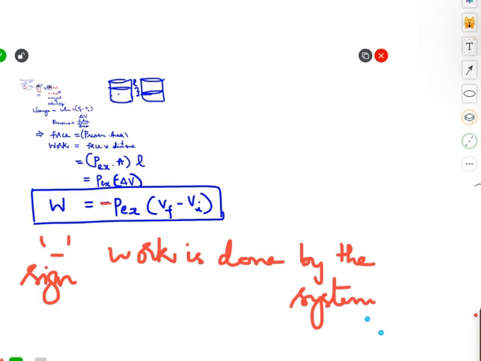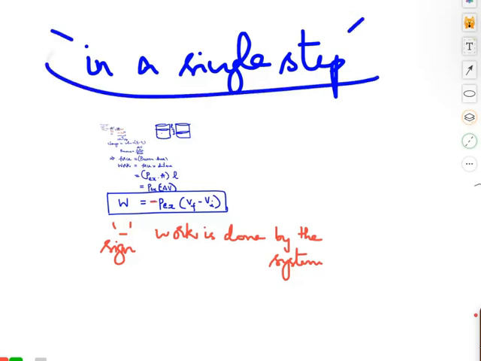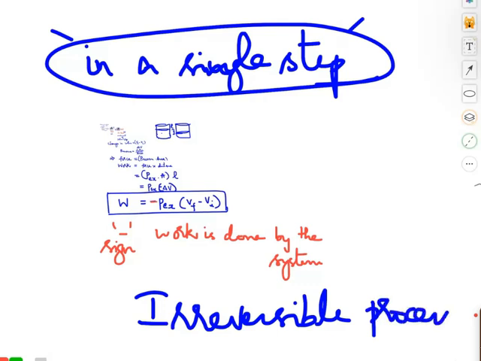This whole thing happens in a single step. The entire thing is an irreversible process.